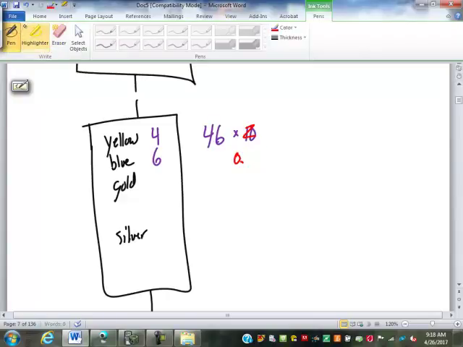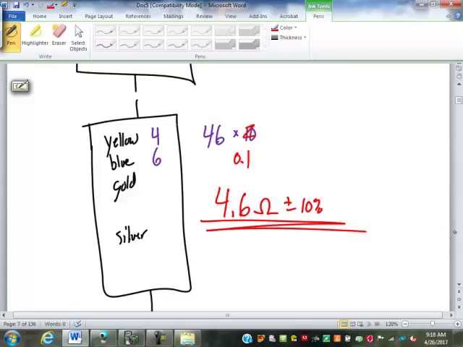So instead of times 10 to the power, it's times 0.1. So that really means this is 4.6 ohms. And then silver is plus or minus 10%. So gold and silver can occur in that third band as a multiplier for really, really tiny resistances.